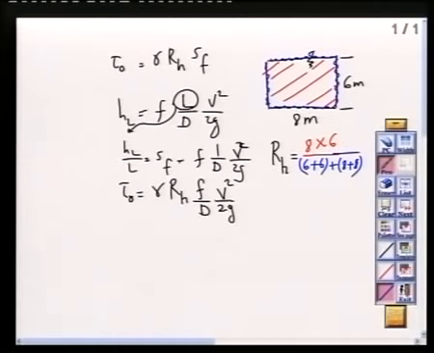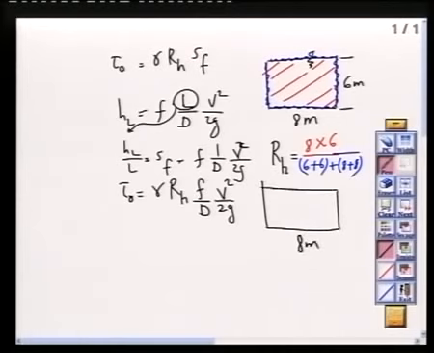If this is an open channel, then let's draw it in the front. This is a conduit, like a pressurized pipe. But if this is an open channel, how many edges do we have? 3. Same dimensions.